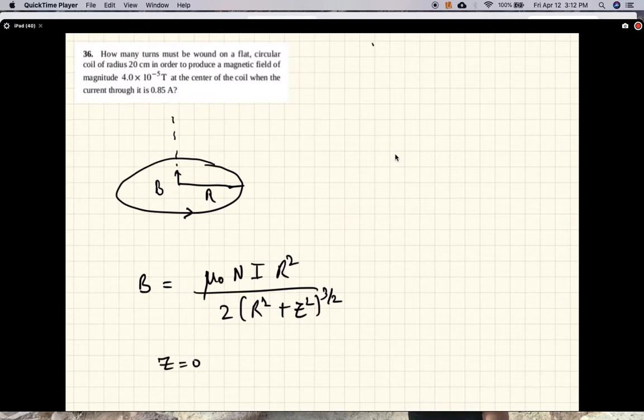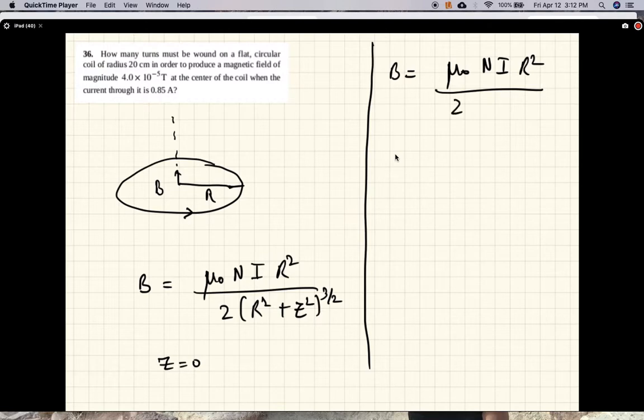So at the center of this loop, at the center of the coil, B is mu naught N I r squared, and the denominator becomes, z is 0, so r to the power of 3/2 is r cubed.